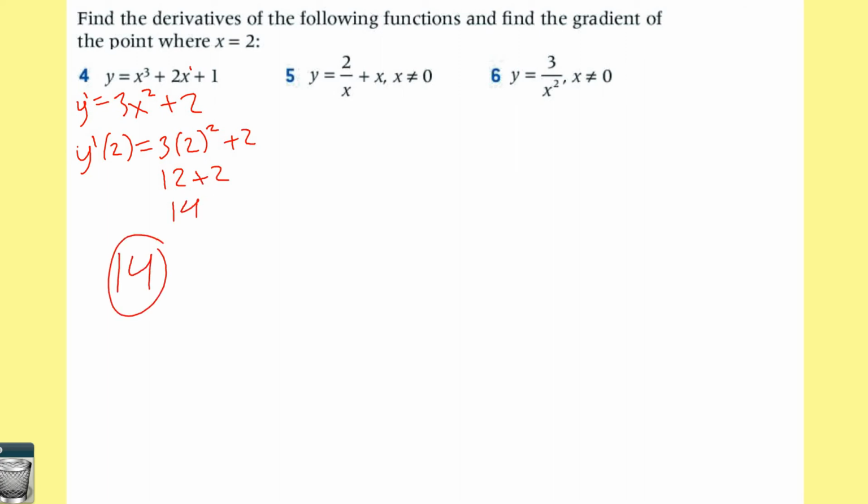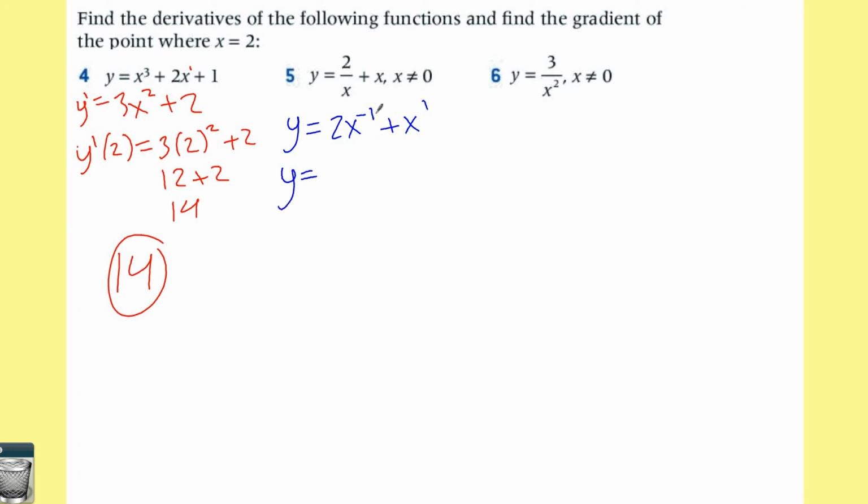14 for that one. For 5, maybe the division messes you up, so let's just fix that. We get y equals 2 times x to the negative 1 plus x to the first. So the derivative is going to be negative 2x to the negative 2. I told you I would show all my steps, and I don't know if everybody's got this negative part, so we're just going to write it out.